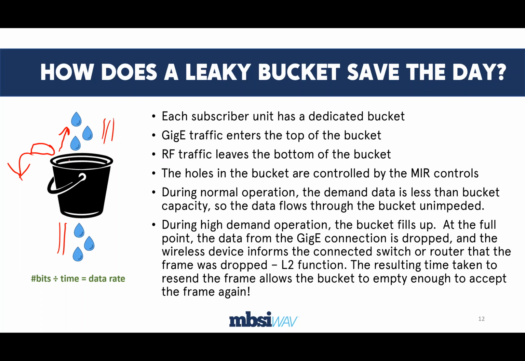My network is healthy if my bucket is not full. My network is congested if my bucket is full. If my bucket's empty, all the traffic that comes in immediately leaves, and away it goes. But in this case, I have this room here that I can take, and when the demand is increased, my subscribers don't feel it.